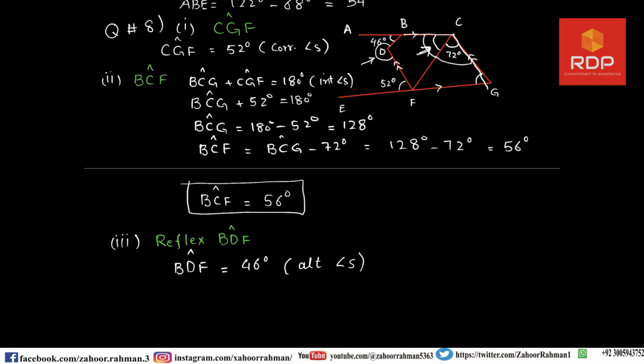AC is parallel to the EG line, I should say. Because of this alternate, these are the parallel lines, and this line you have to consider as the transversal line. So according to the rule, this will be equal to this, and that is due to the alternate angle theorem, and that is why I wrote it.